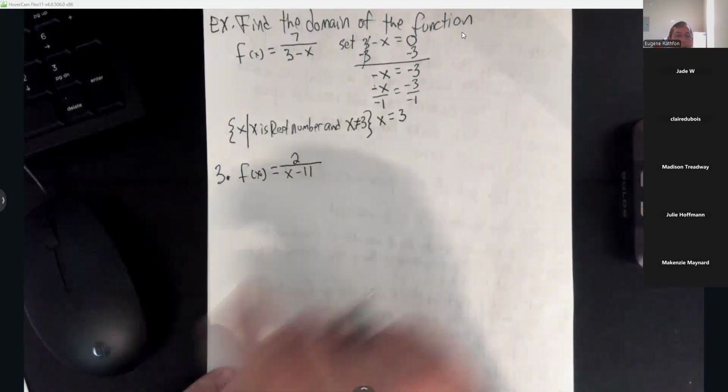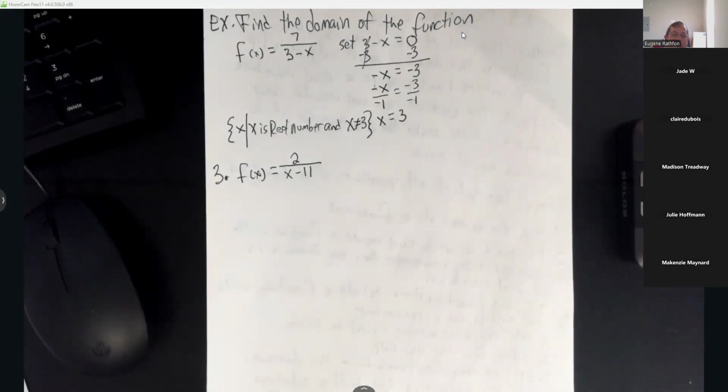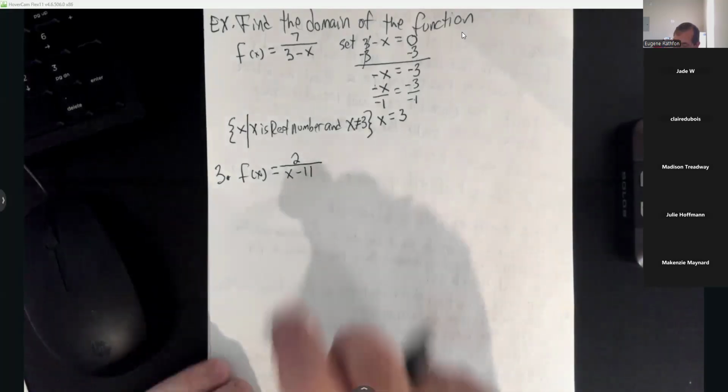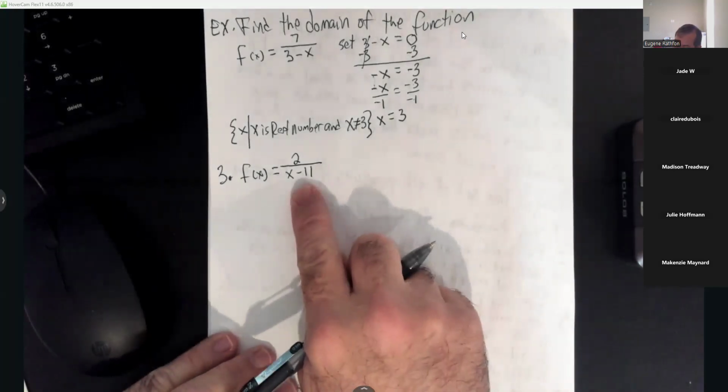All right, y'all. So are there any numbers I need to exclude from this domain? Or would it be all real numbers? Or what would we put? Right, definitely, we're going to exclude 11.